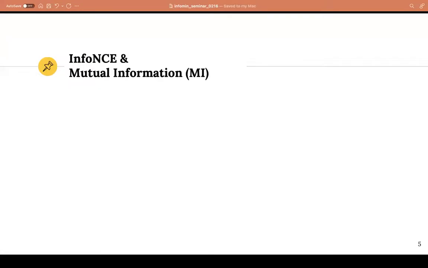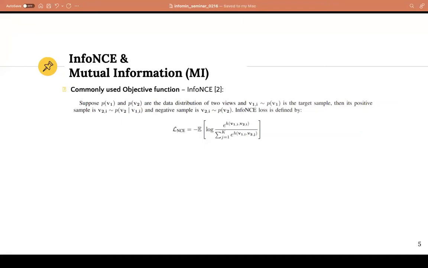And as I mentioned before, InfoNCE is commonly used in contrastive learning. We can define it from a statistical perspective.